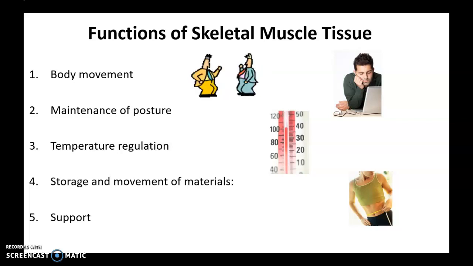Therefore, there is another sphincter muscle called the pyloric sphincter that regulates movement of food from the stomach to the duodenum, which is the first part of the small intestine. Therefore, we see that these circular bands of muscles called sphincter muscles help in movement of materials throughout the GI tract.